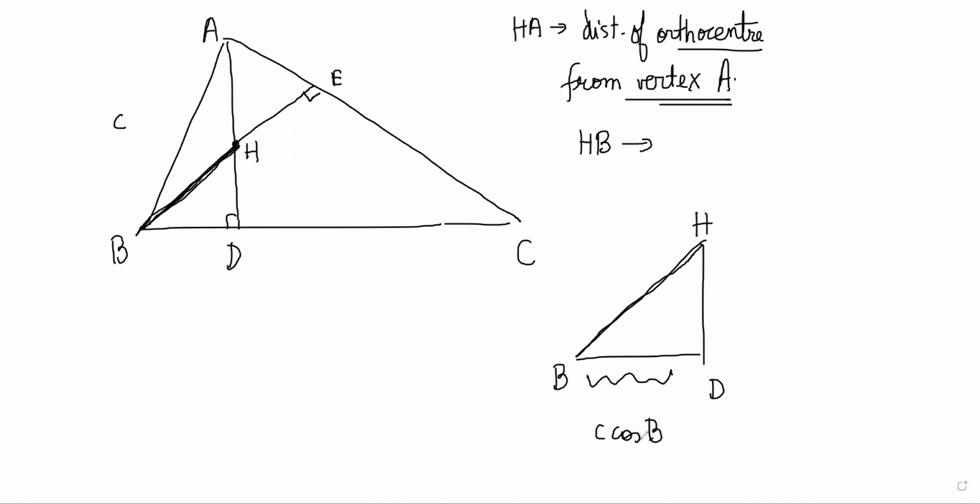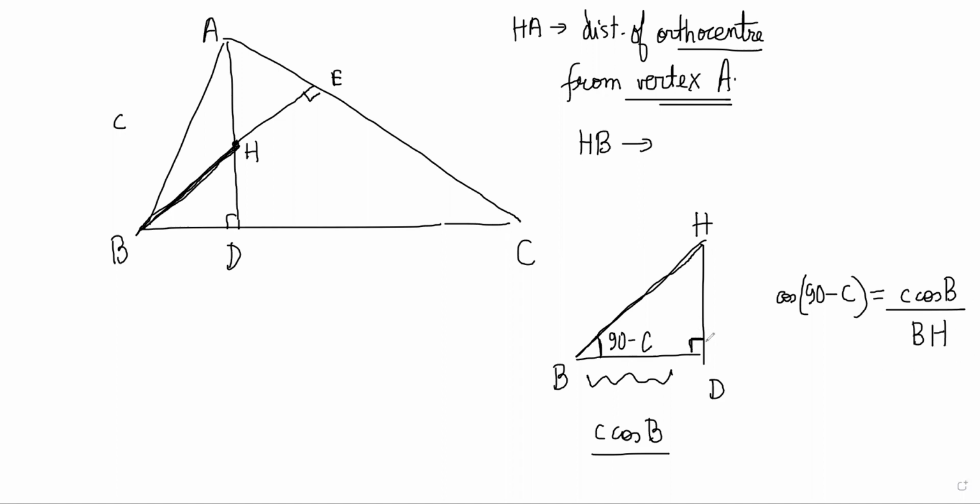Is everyone understanding what I'm saying? BD was C cos B, and this angle was 90 minus C, right? So now what is this length? We can say that cos of 90 minus C is equal to C cos B by BH, right?